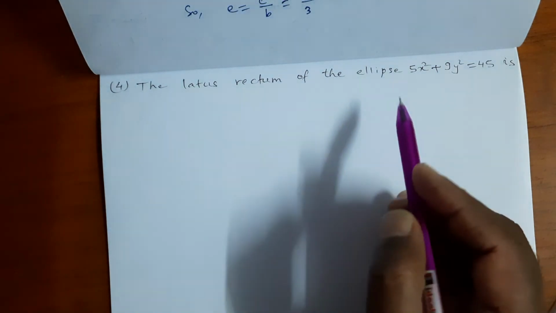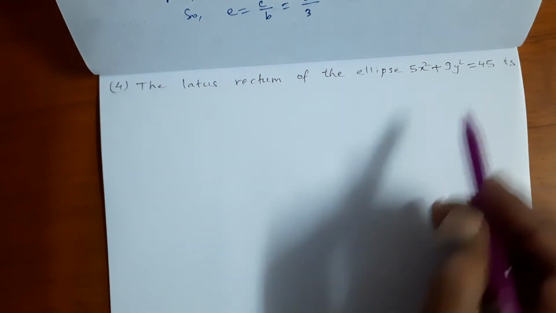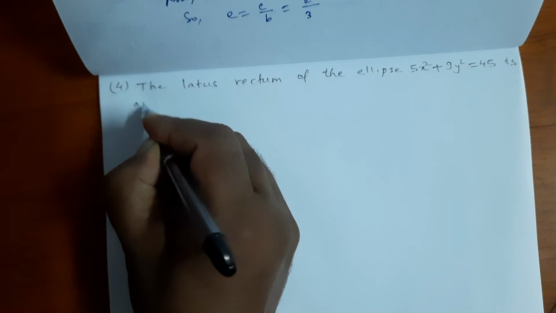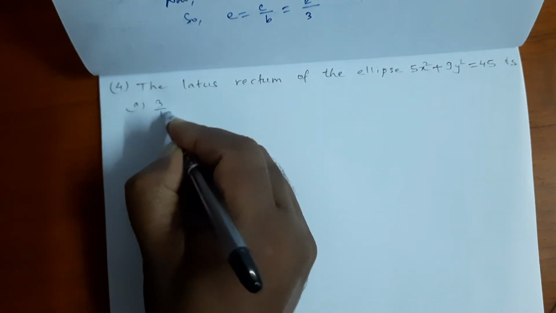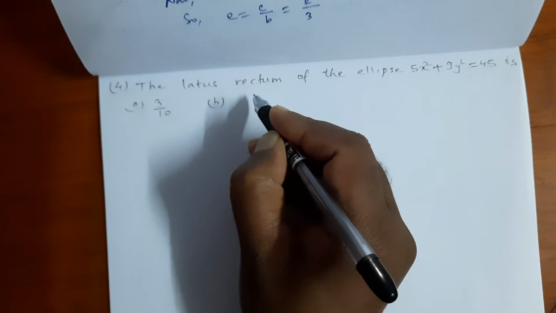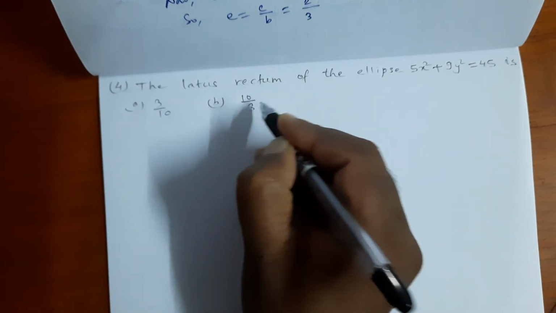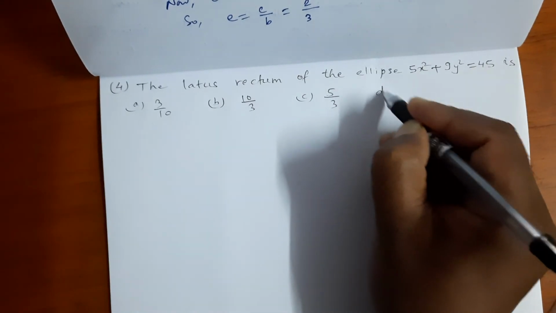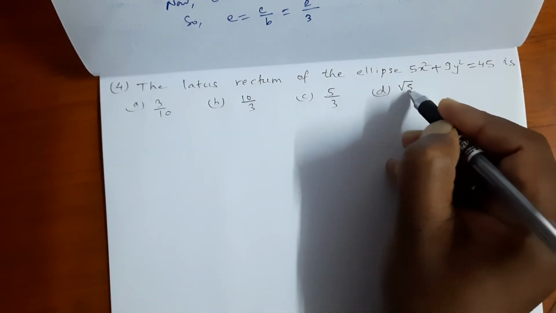For number 4, the latus rectum of the ellipse is... Here in this 4th question we have to find the latus rectum, and the options are: A 3 over 10, B 10 over 3, C 5 over 3, and D root 5 over 3.